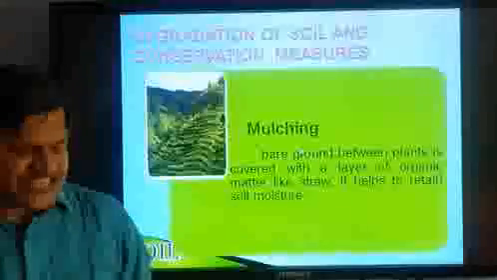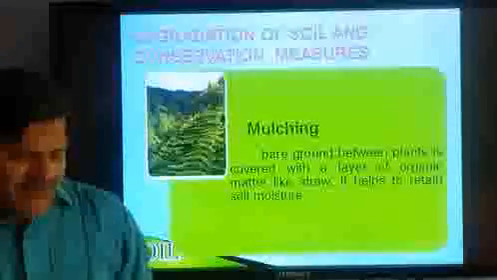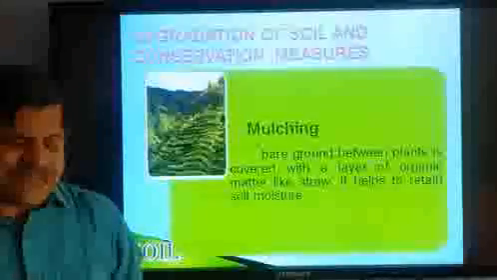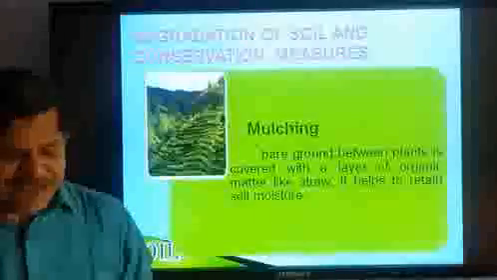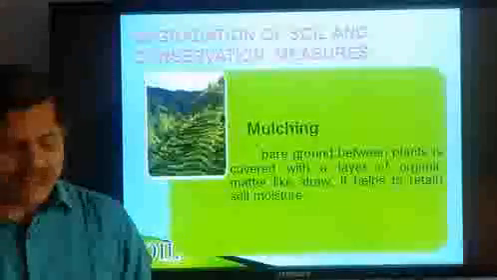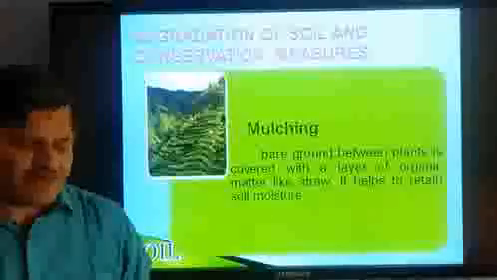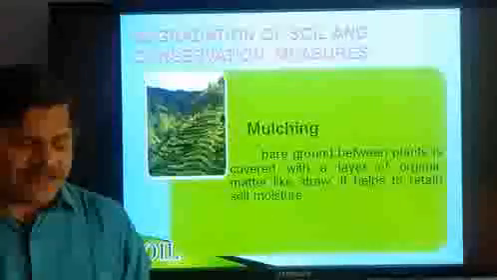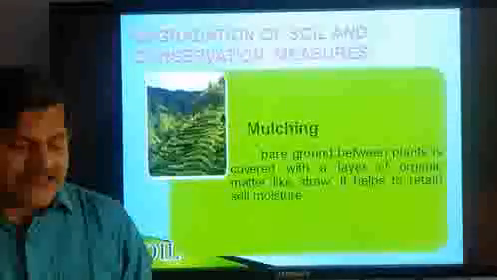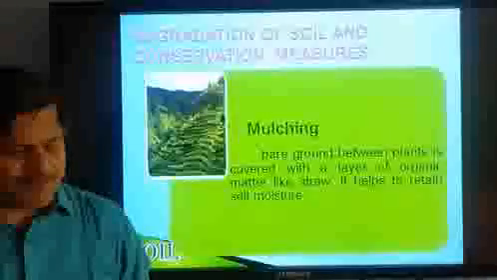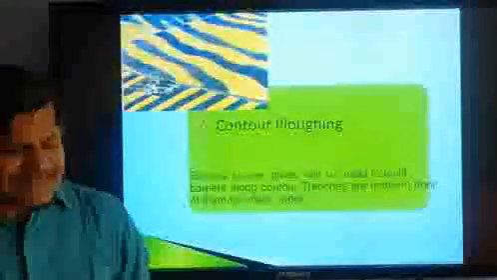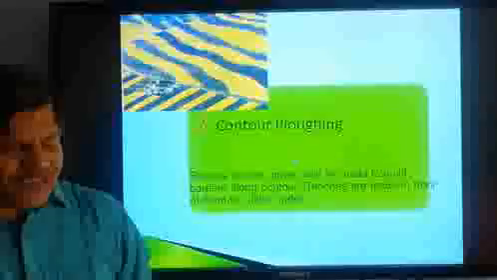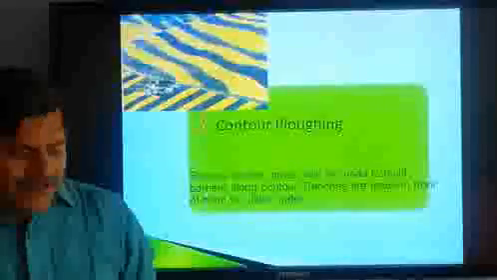First one is mulching. Bare ground between plants is covered with a layer of organic matter like straw. It helps to retain soil moisture. Here we can control soil erosion. Second one is contour ploughing.